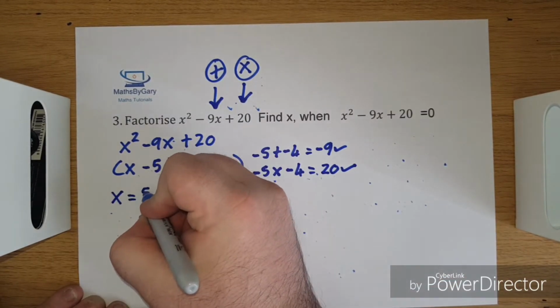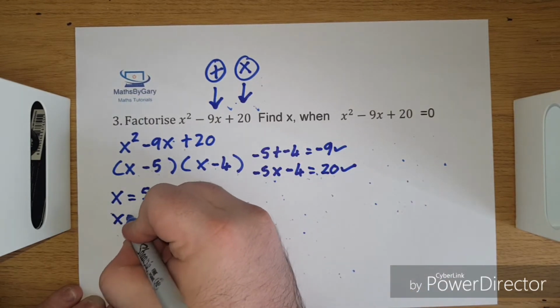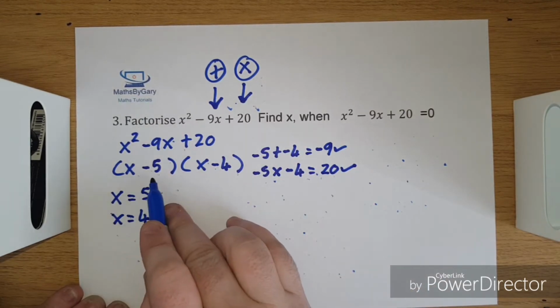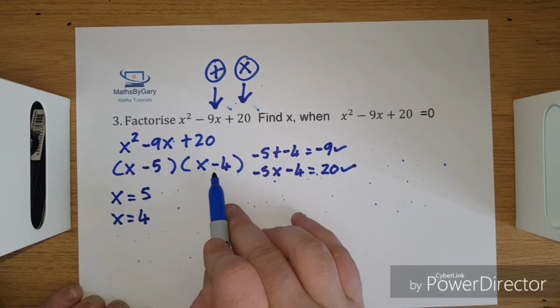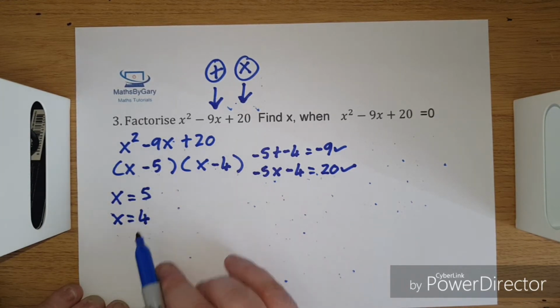So there we go. x now equals 5 and x now equals 4, because x minus 5 equals 0, so add 5 to each side, x equals 5, x minus 4 equals 0, so x now becomes 4.